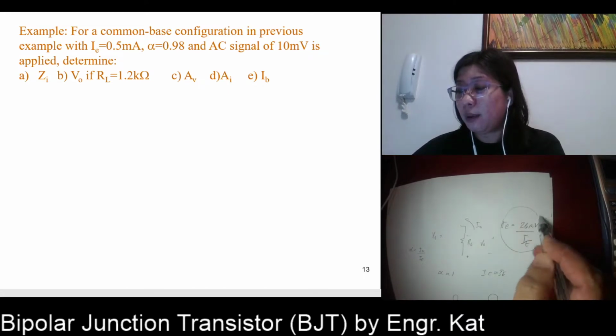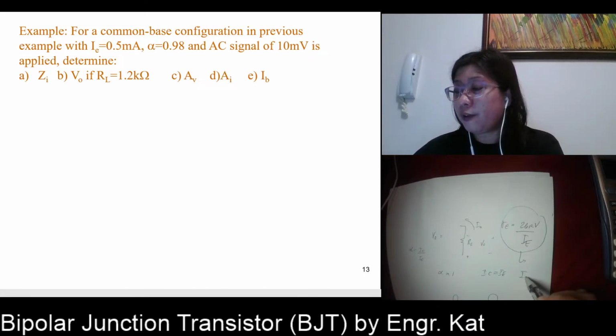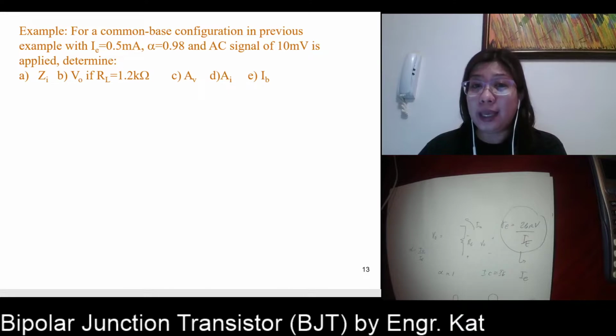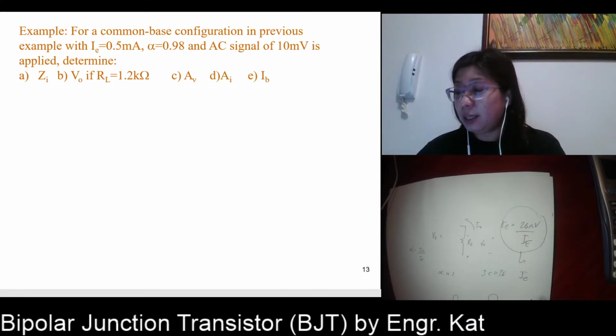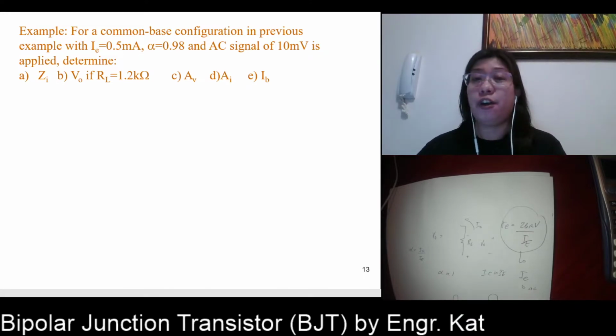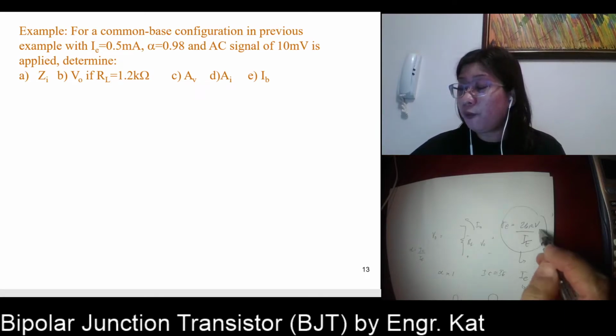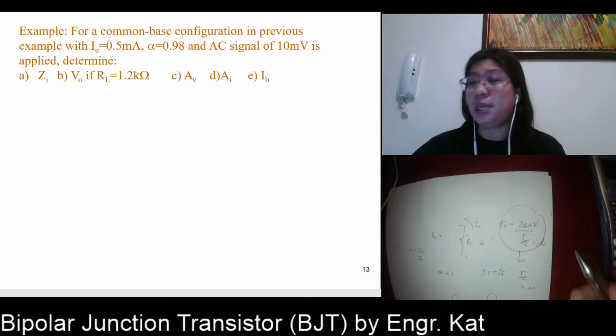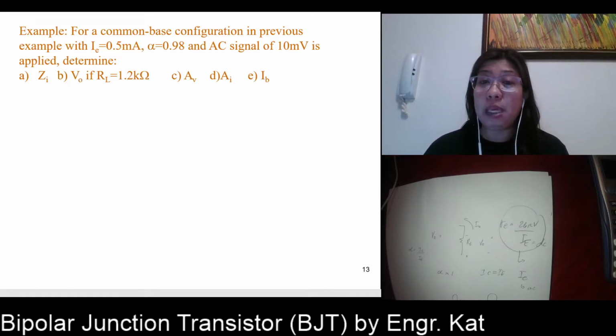Why? Because the IE that we are given has a small letter, so that means this is the AC current, and what we need for this formula is the DC current. Therefore, we will not be using that formula.